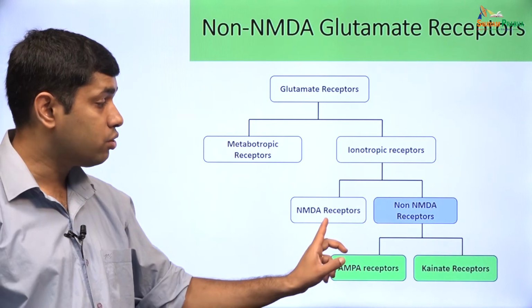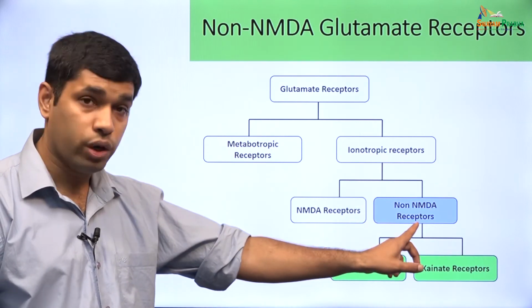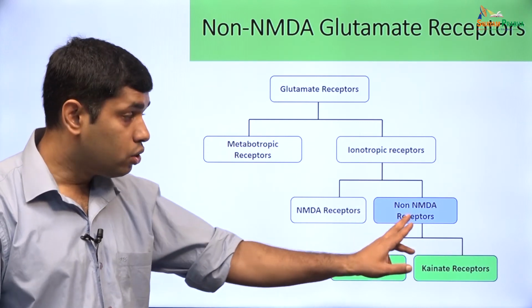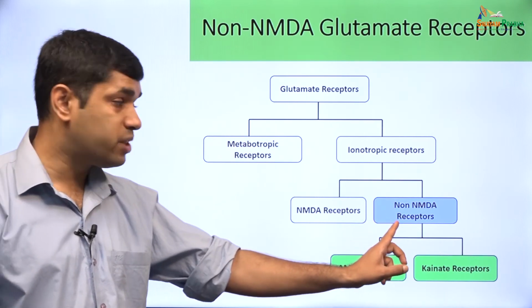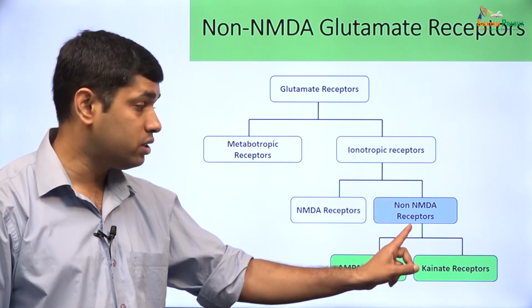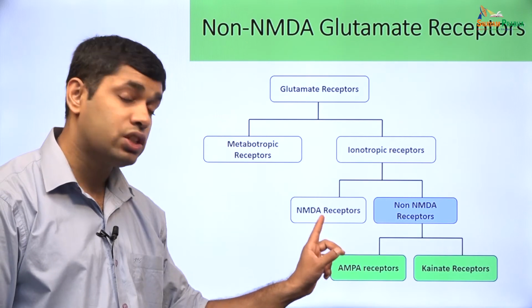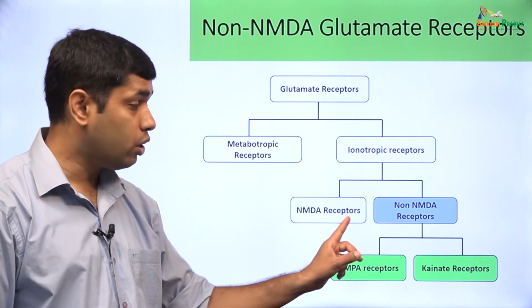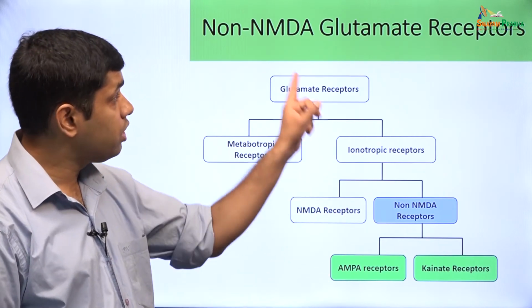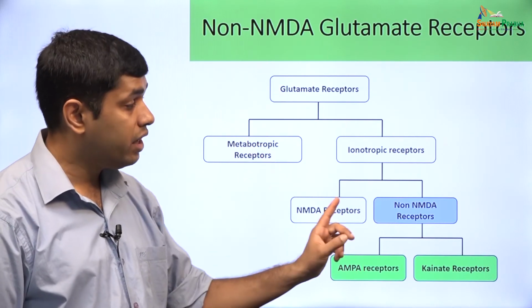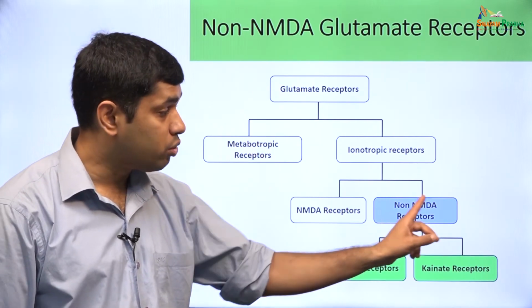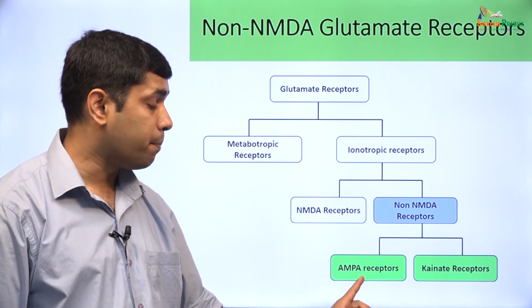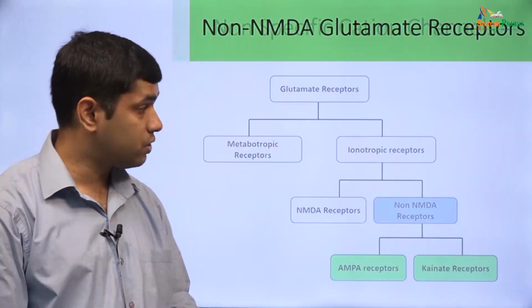These can be classified into the NMDA receptors and the non-NMDA receptors. The non-NMDA receptors are non-specific monovalent cation channels, whereas the NMDA receptors are non-specific cation channels. They also permit calcium. So when we're talking about the non-specific monovalent cation channels, we will talk about the non-NMDA receptors, which are the AMPA receptors and the kainate receptors.